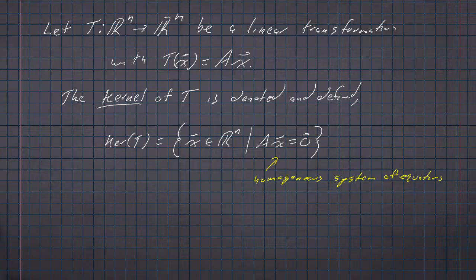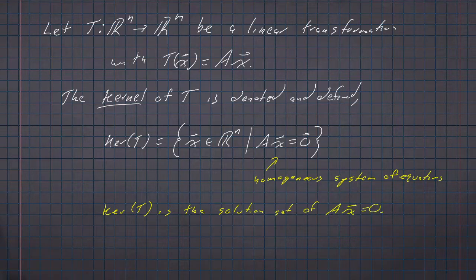We can also call this the solution set of A, or in fact, the solution space. The kernel of T is the solution set of the equation Ax equals 0.